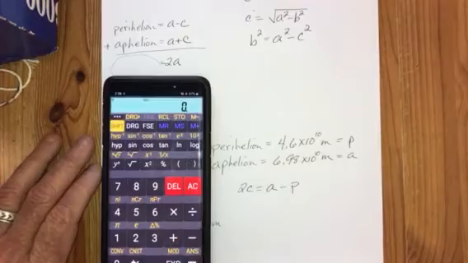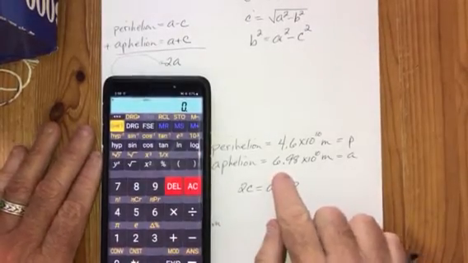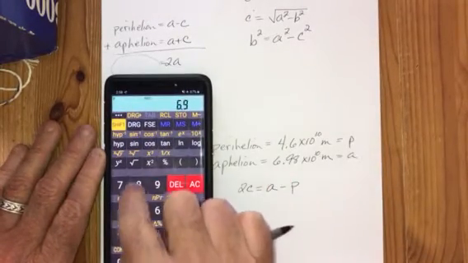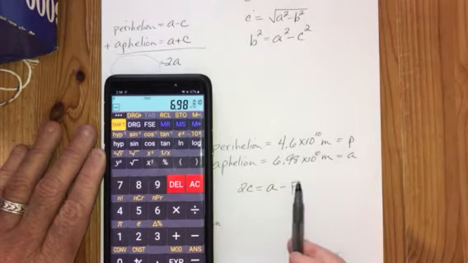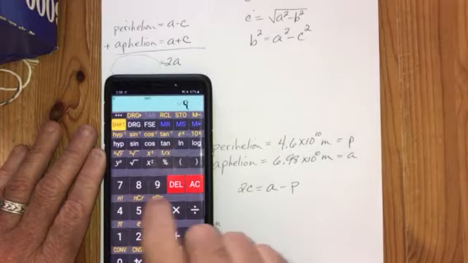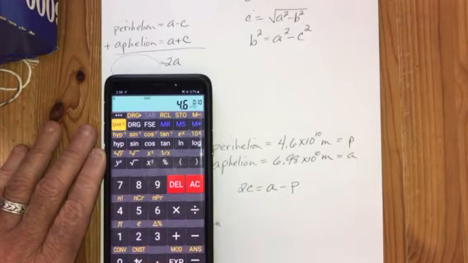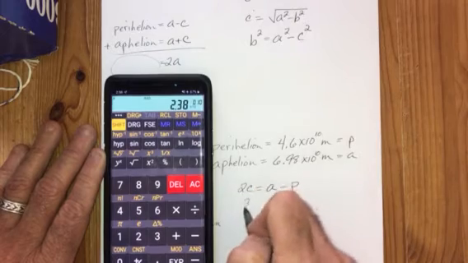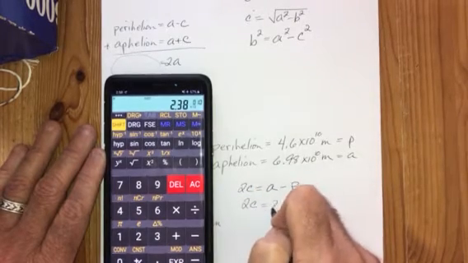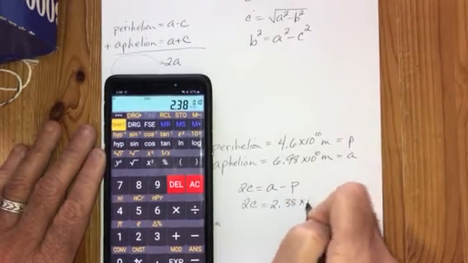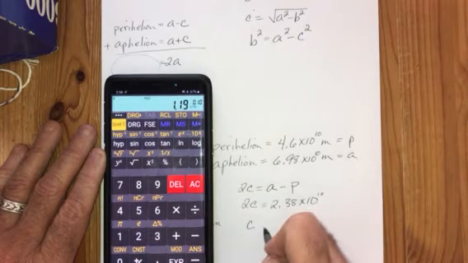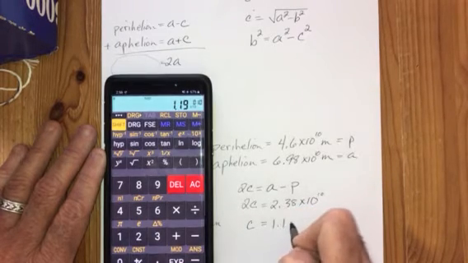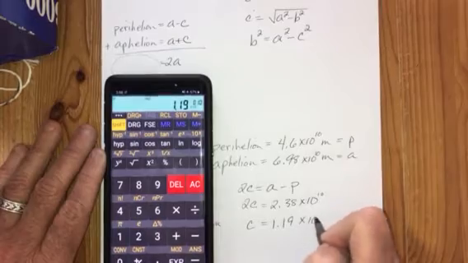So we need the calculator for this. The aphelion distance is 6.98 exp 10 minus the perihelion distance, which is 4.6 exp 10. So we get 2c is equal to 2.38 times 10 to the 10th power. Then we divide by 2, and that gives us 1.19 times 10 to the 10th.